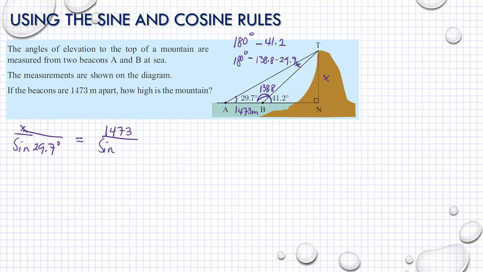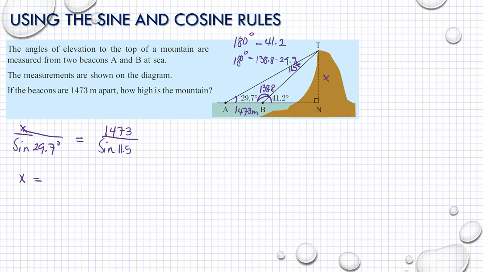So we have 180 minus 138.8 minus 29.7. Then we have 11.5. This angle is 11.5. So sine 11.5.